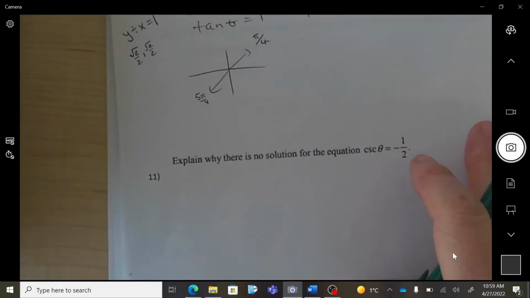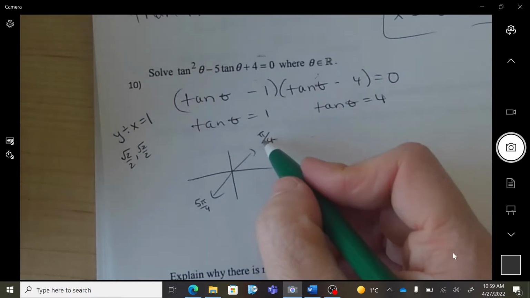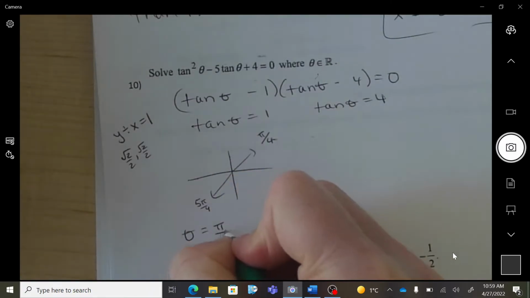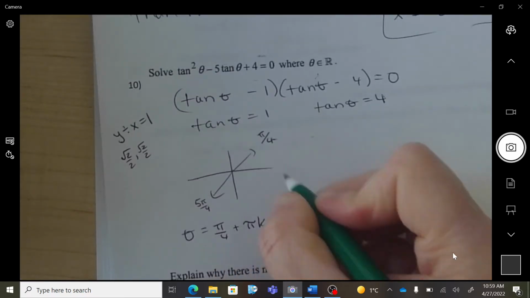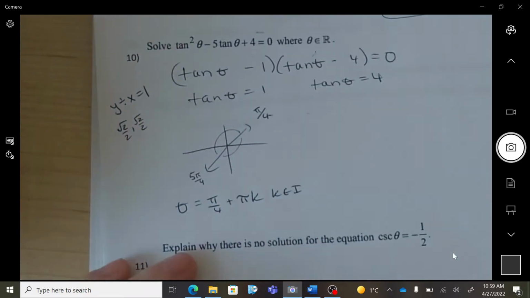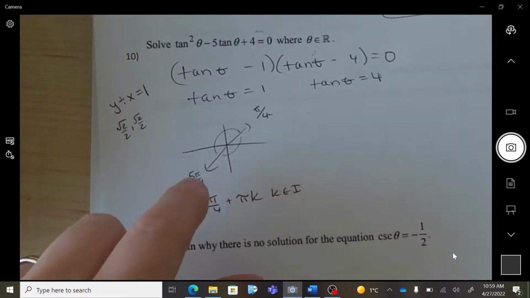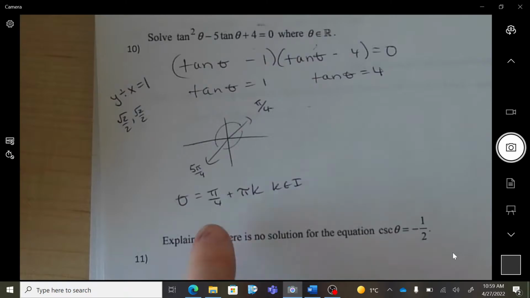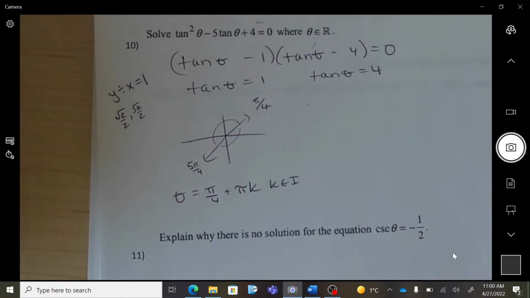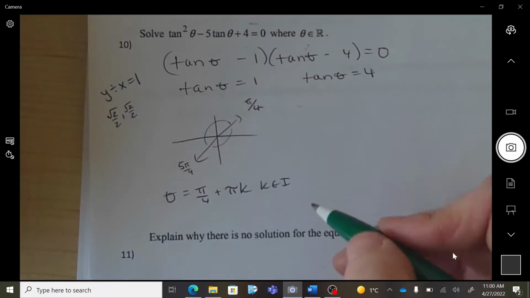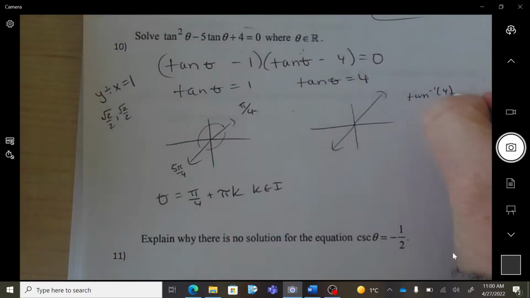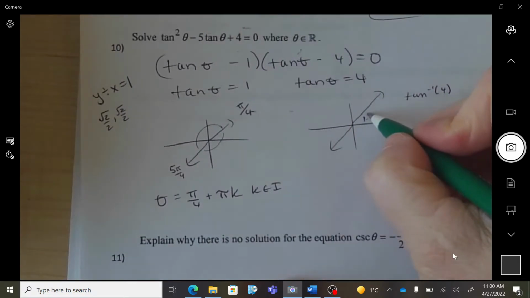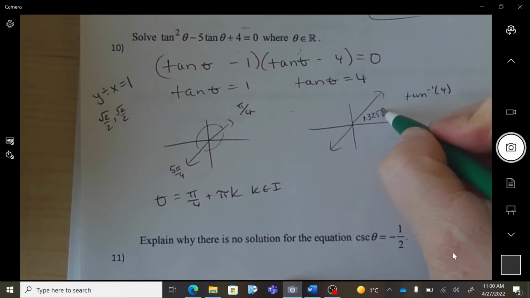So I'm going to say this angle, so pi over 4 plus every half circle, so pi k. Because if I rotate pi, I'm only going half a circle, which includes that. You can do these as separate answers with this plus 2 pi k, this plus 2 pi k. That's fine as well. Okay, and then on this one, positive, so tan inverse of 4, I get 1.3258.